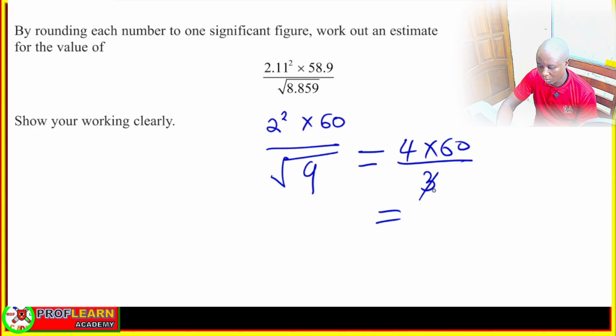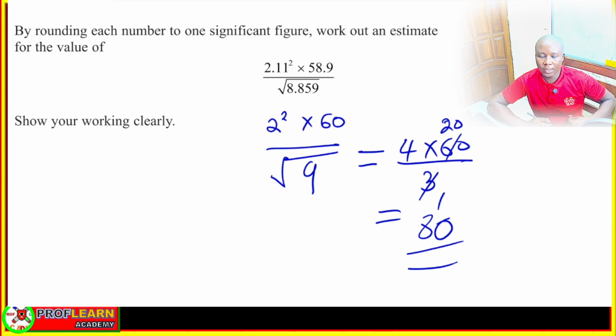Of course, this will go 1, and then this is going to be 20, and then the final answer is going to be 80. So that's exactly what you're supposed to do. When you are told to round to a given number of significant figures, stick to that, so that you can give your answer in the expected format.